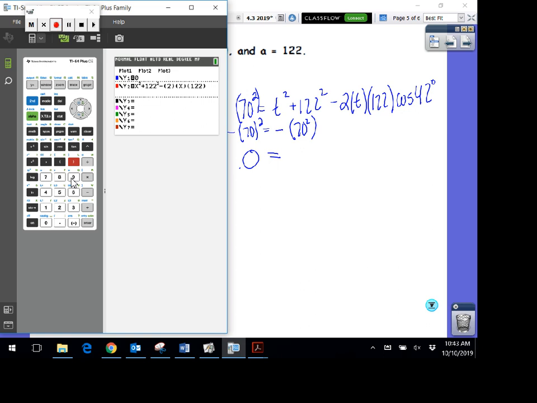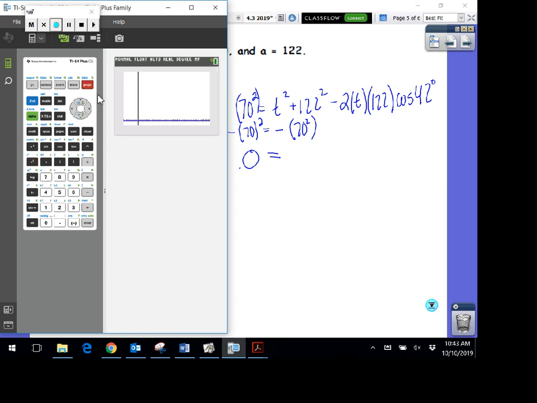Negative means you're multiplying. That 122 squared times that, and you're not going to get the right answer. Cosine 42, close. And then I'm going to subtract that 70 squared at the end. If I decide to put that at the end, you have to close this right here. Okay, you have to close that right there, because if not, that 70 squared is in there, and now you're taking the cosine of whatever 42 minus 70 squared is.